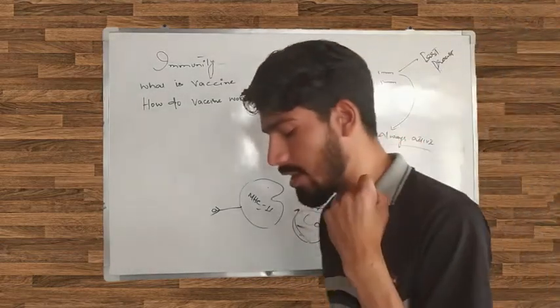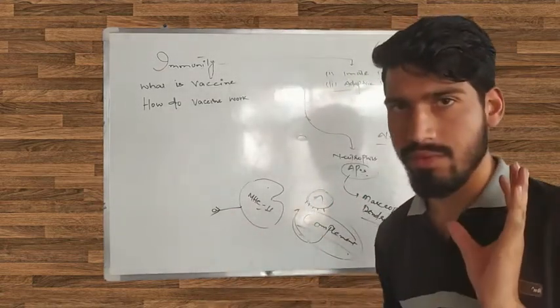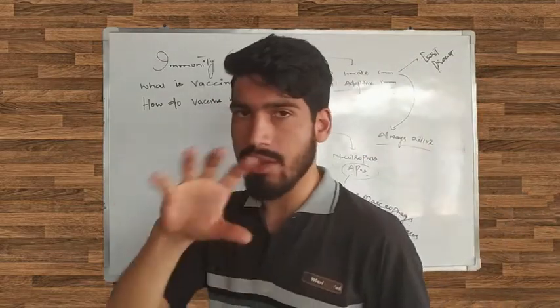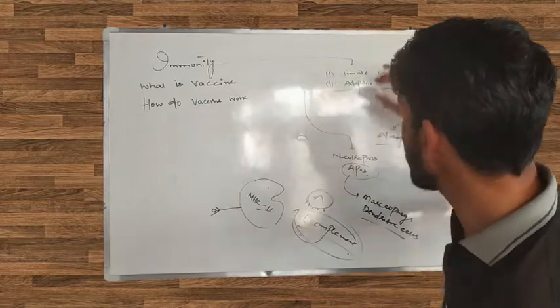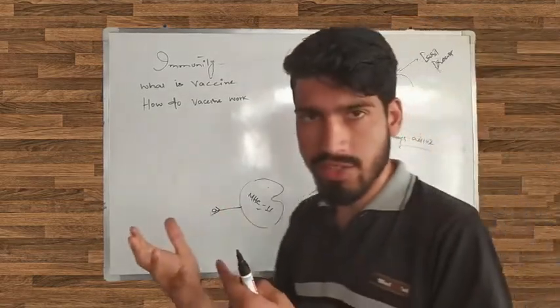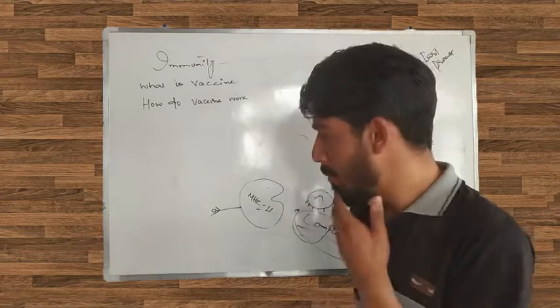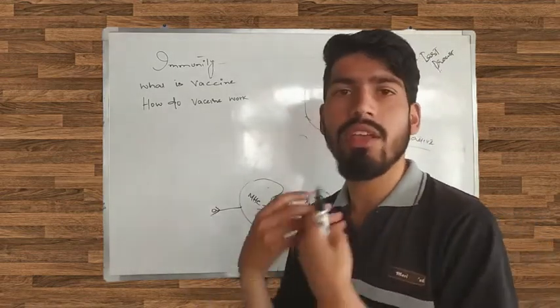What happens in adaptive immunity? In some types of cases, for example, an antigen or a bacteria makes an entry. This innate immunity fights against the pathogen, against the foreign particle, but the foreign particle is coming inside in a very huge quantity.